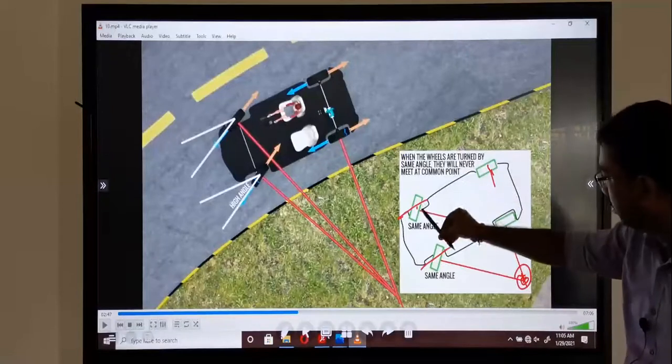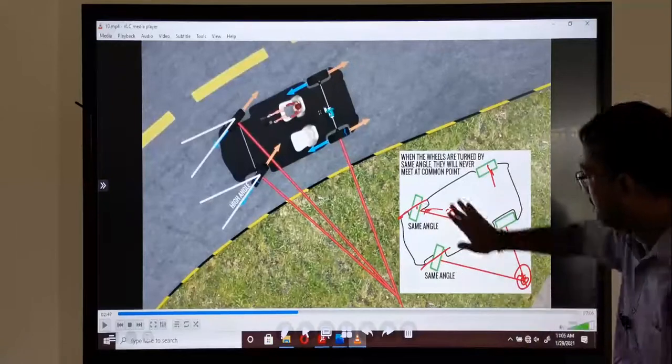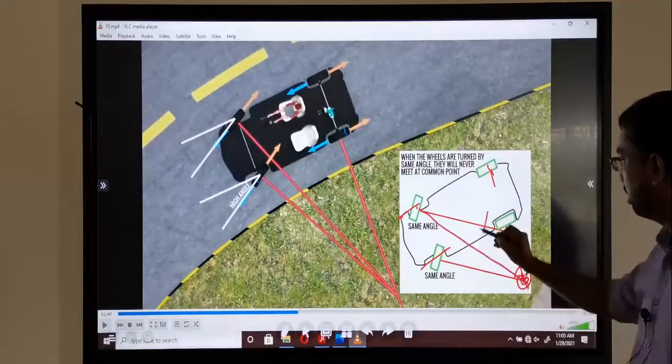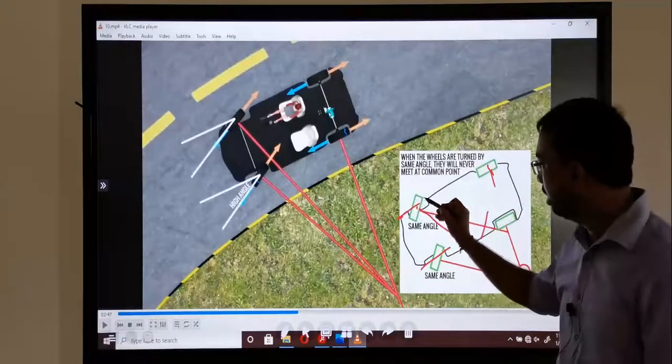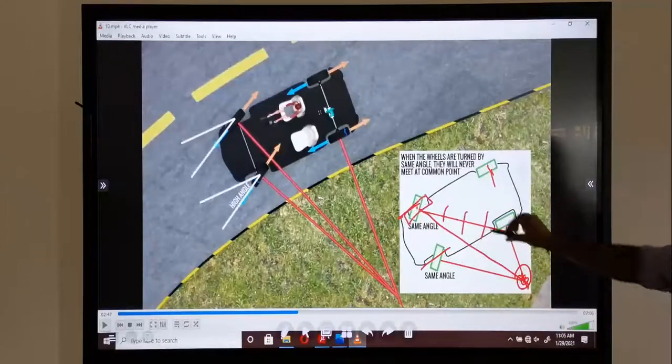So we have to change the lines like this. Because of the rotation of the wheel, we can change this perpendicular line.